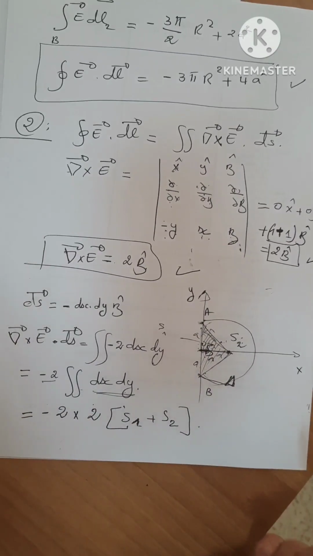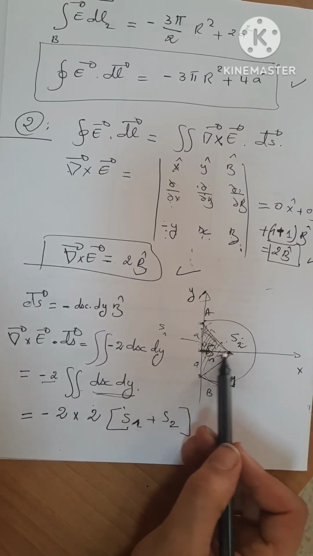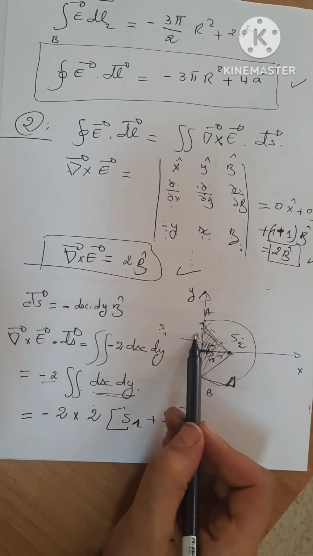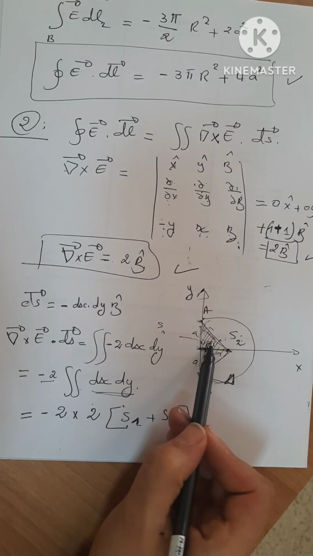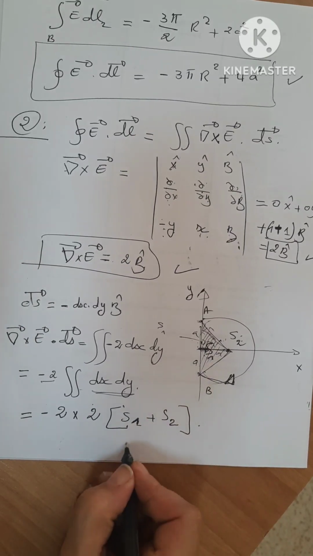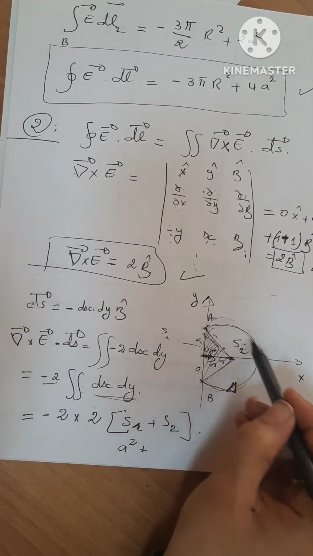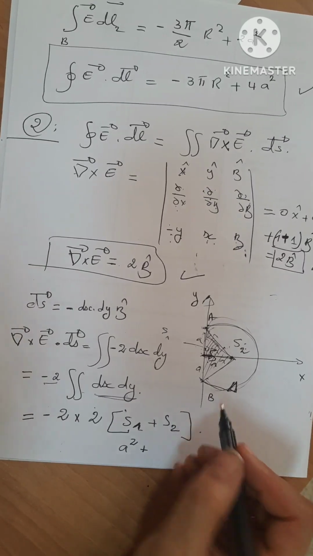But we can directly, we know that we are looking for the surface, and the surface of the triangle is a times a over 2, because they are perpendicular, so a squared over 2 times 2, so it's a squared. Directly we have a squared plus, what about the surface of this disk? If you remember, we did it in the previous session.